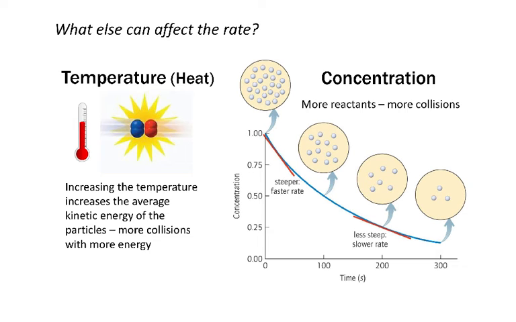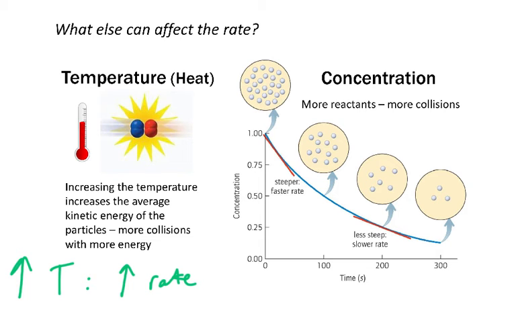So they will be moving faster. So there will be more collisions with more energy, which will allow reactants to get over that barrier easier and increase the rate. So an increase in the temperature leads to an increase in the rate.